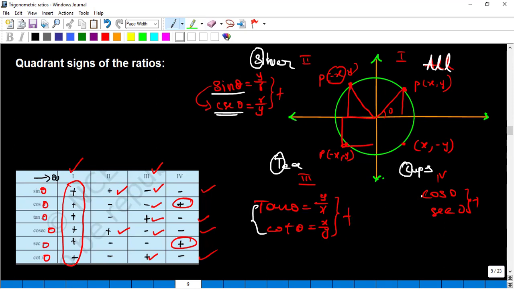C represents cos and its inverse. So we need to remember here one thing, that in the first quadrant, all trigonometric ratios are positive. Coming to the case of the second quadrant, only sine and its inverse are positive. In the third quadrant, tan and its inverse are positive. In the fourth quadrant, cos and its inverse are positive. Cos inverse is secant.